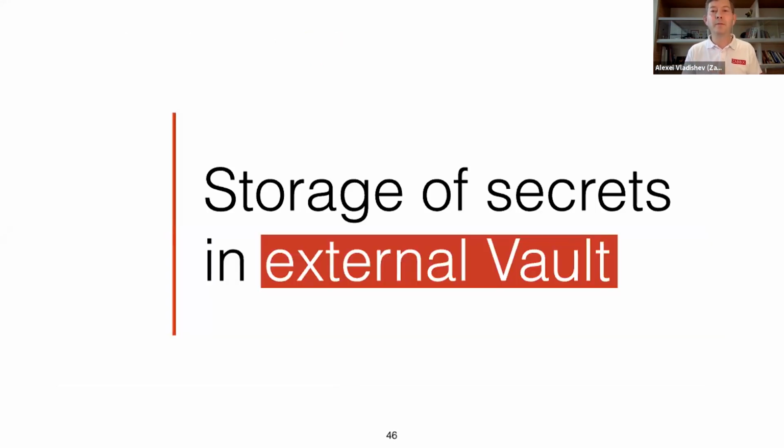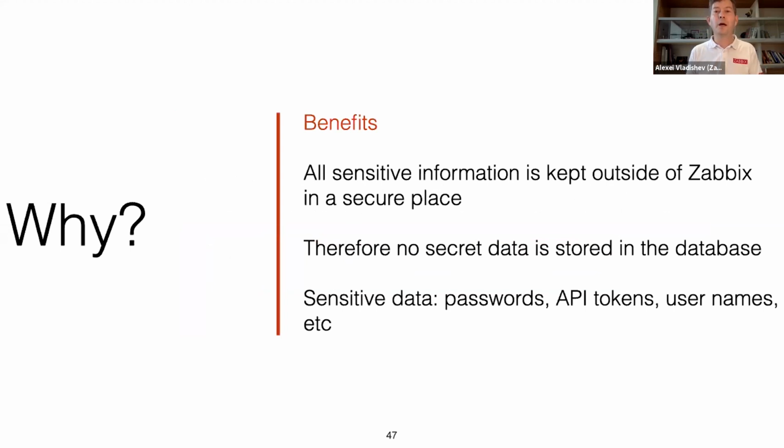Another nice improvement related to security is the storage of secrets in an external vault. So what does it mean? If you're concerned about security, you would probably want to keep all secret information like passwords, API tokens, maybe some usernames, maybe some secret IP addresses, and so on and so forth, in an external file system outside of Zabbix, so that secret information is not stored in the Zabbix database, but is stored somewhere outside of Zabbix and may be managed by some other team of people.